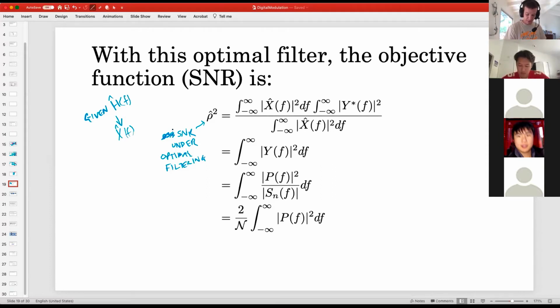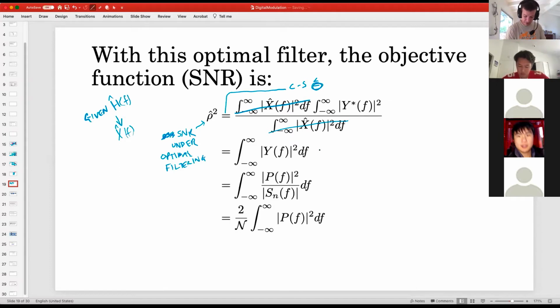So the objective function, or the SNR, under optimal filtering, you get to cancel those two terms. And remember, Cauchy-Schwarz says this is less than or equal to, but we're only taking the equals, right? Because we're assuming optimality, or we're enforcing optimality.